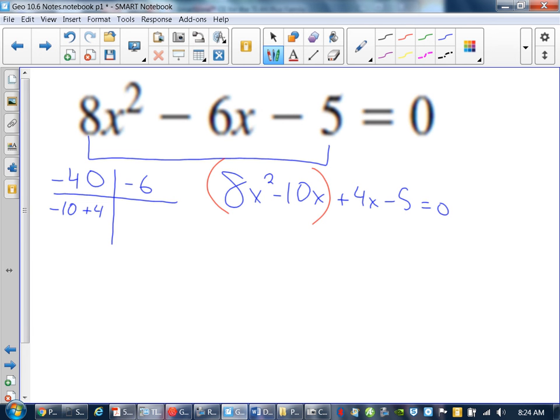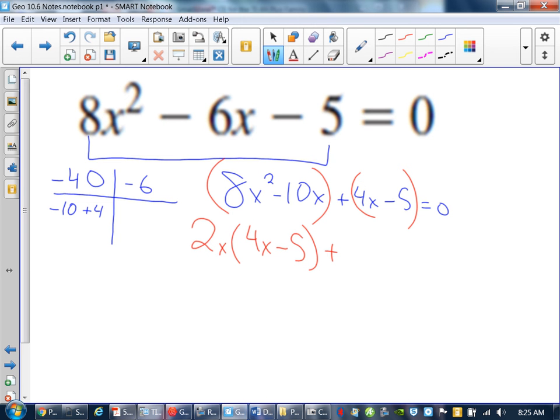What do 8x squared and 10x have in common? A 2x. So I factor out a 2x. That's the GCF. 8x squared divided by 2x is 4x. Negative 10x divided by 2x is minus 5. What do those guys have in common? 1, good. If they have nothing in common, that means they always have 1 in common.